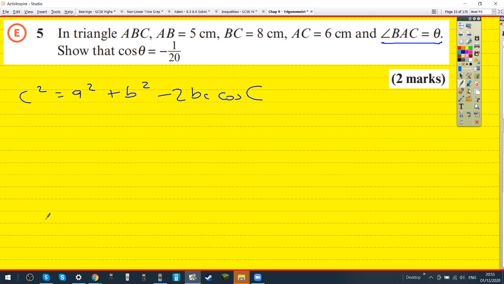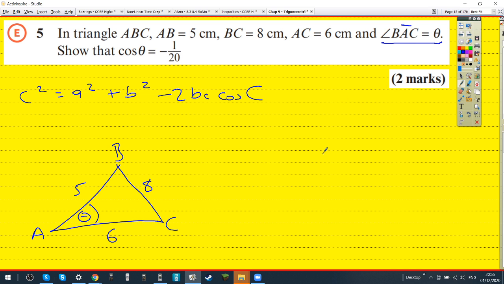So let's just say triangle A, B, C. So A to B is 5. B to C is 8. A to C is 6. Angle BAC, so the middle letter is the important one, BAC, so that's theta.